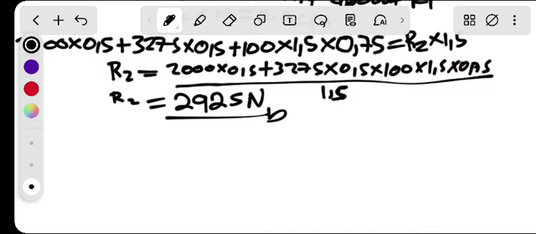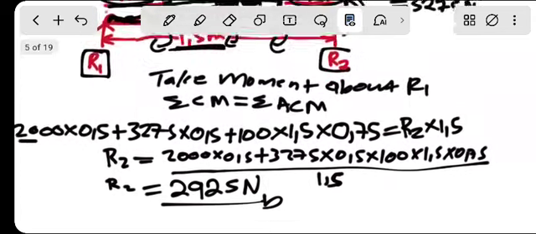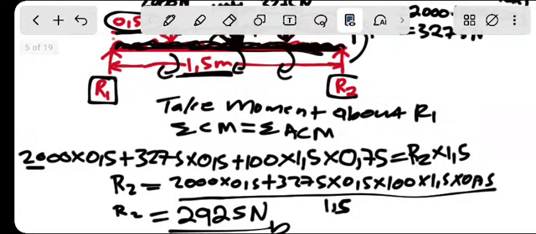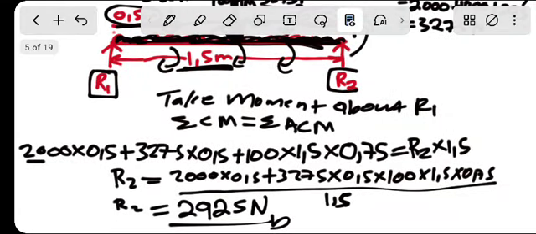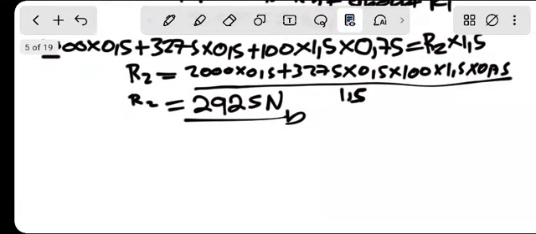Now it's easy. Now you take the moment about what? About reaction 2. If you take the moment about reaction 2, you just swap this thing around, guys.